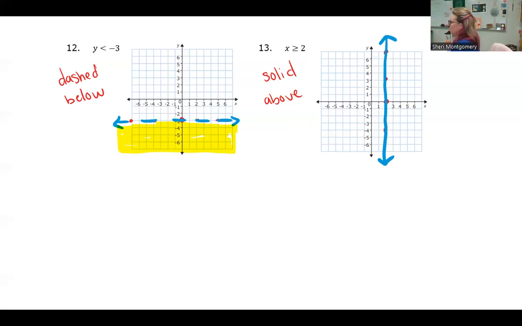When it's greater than, you shade to the right. You shade everything to the right because you shade on the bigger side. The bigger side is this side. Everything in the shaded region and everything along the solid line is part of your solution.